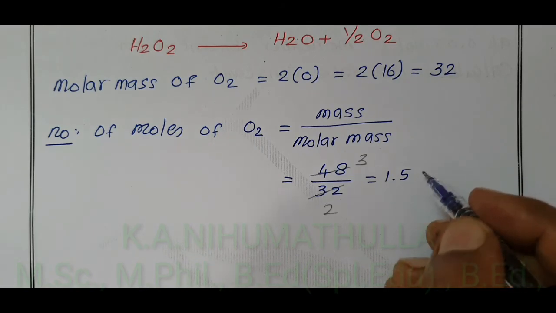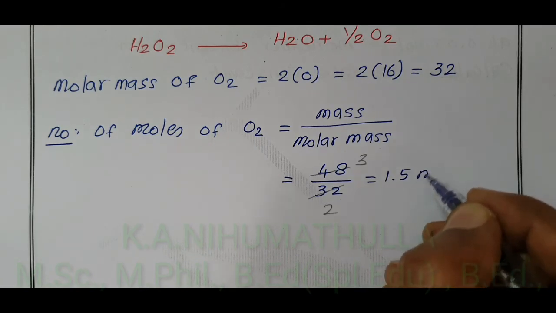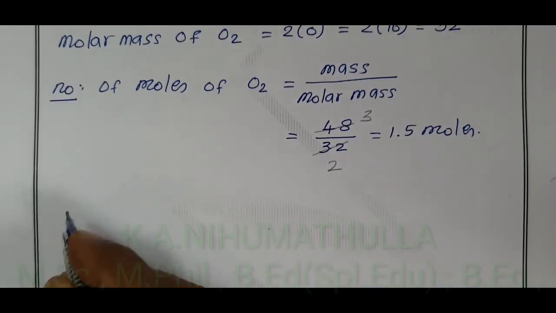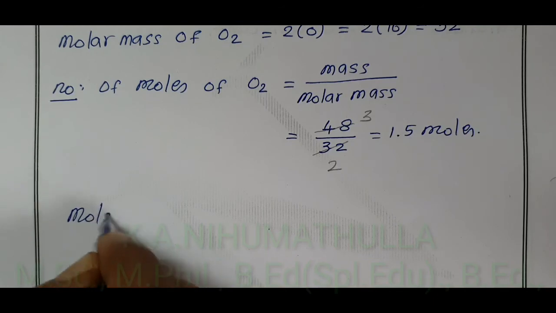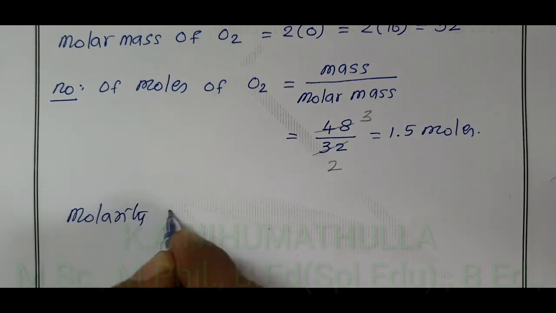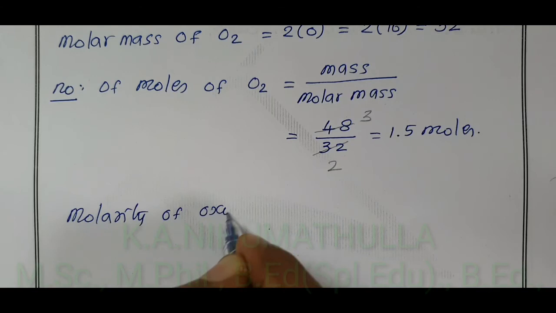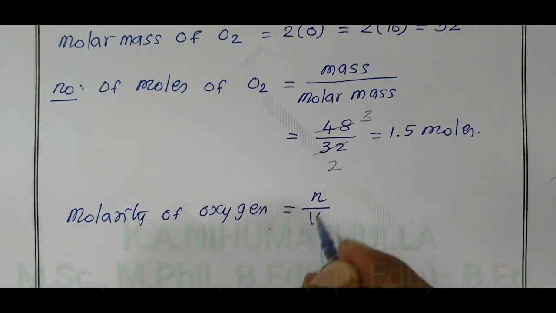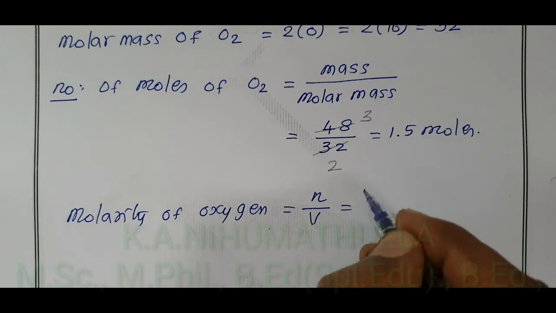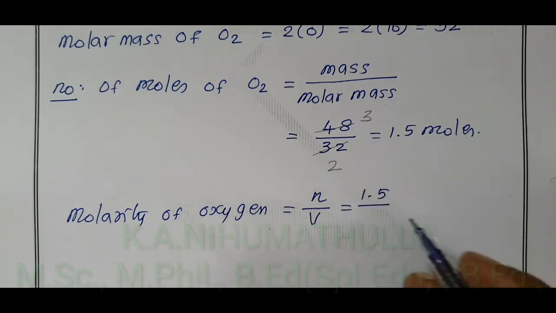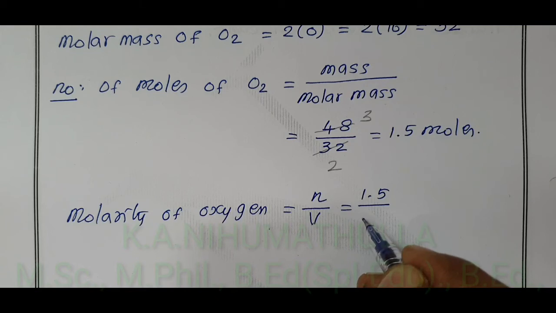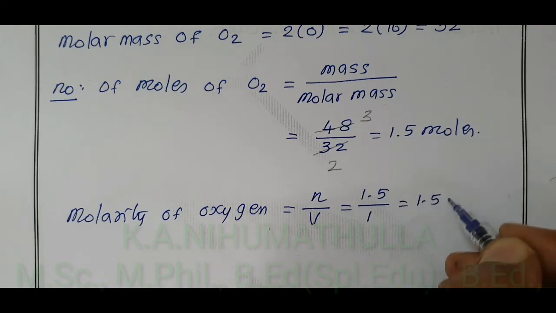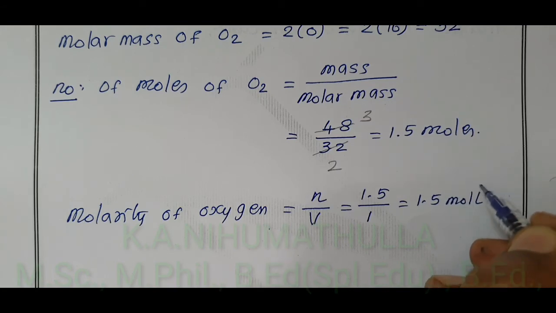If it is dissolved in per liter, this is actually number of moles, unit is moles only. Now we can calculate molarity of oxygen. Molarity of oxygen is equal to number of moles by volume in liter. Number of moles 1.5 and volume 1 liter, that is equal to 1.5 mole liter power minus 1.